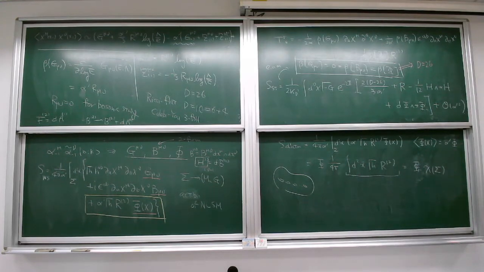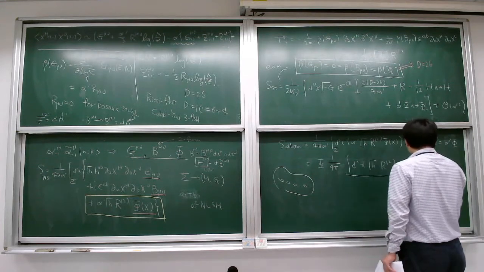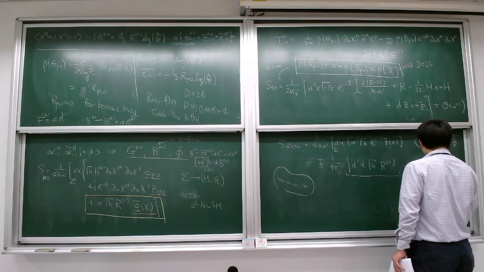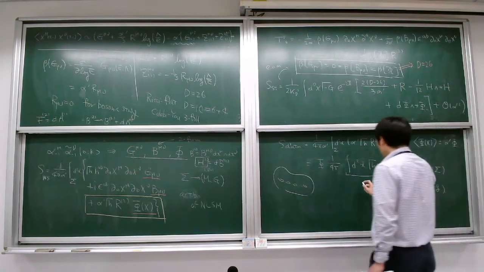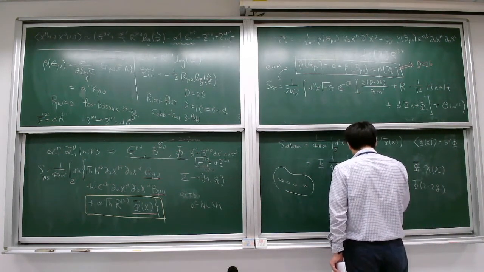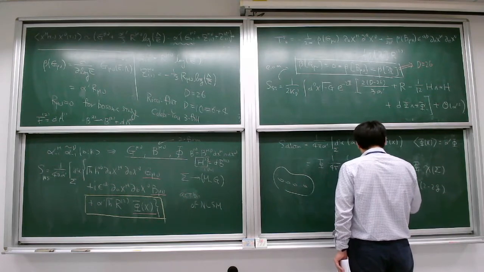I think it's opposite. 2 minus 2G. So this is the Gauss-Bonnet theorem. Yesterday I taught the Gauss-Bonnet theorem, so it's a very timely topic.